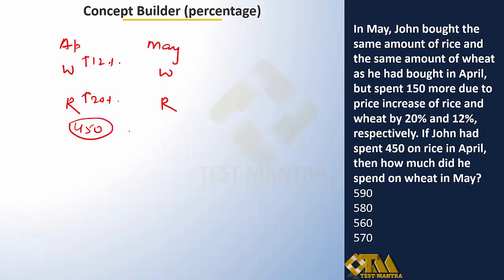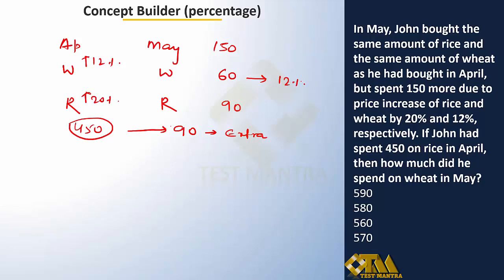So 20% of 450 is how much? 90. He should spend 90 extra in May, and the total is how much? Total is 150 extra here, right? So if this person has spent 90 extra, this person should have spent 60 extra here, and this 60 should represent 12%, right?